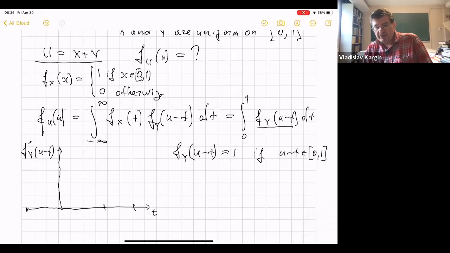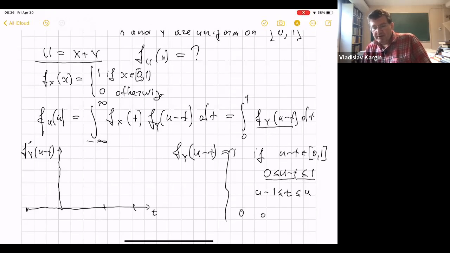So we need to write that u minus t is smaller than or equal to 1 and greater than or equal to 0. From the first inequality, t should be smaller than or equal to u, and from the second inequality, t should be greater than or equal to u minus 1. And it's equal to 0 otherwise.